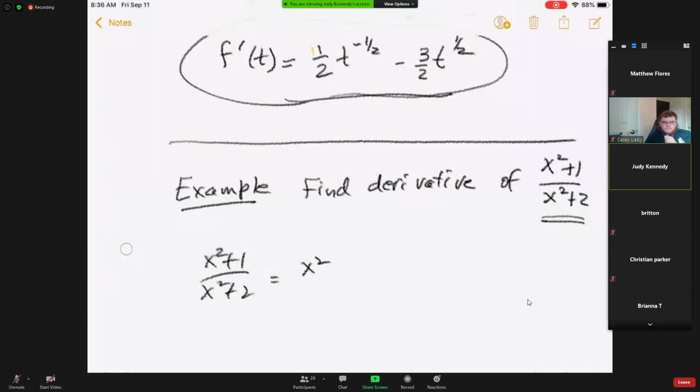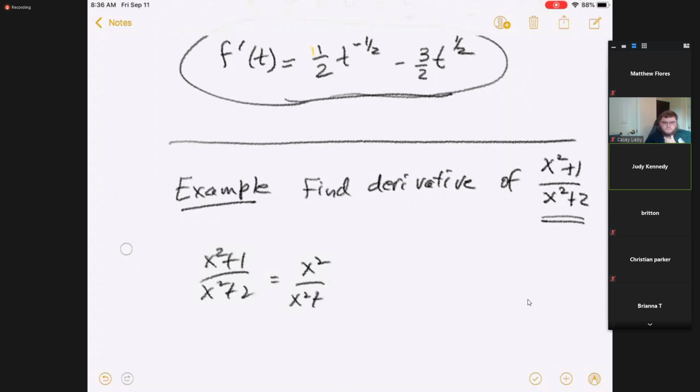I could do this legally. But I've got a sum in the denominator, and I can't break that denominator up in some way. Okay? Can't cancel out the x squareds. That's not legal because x squared is not a factor on the top and x squared is not a factor on the bottom.